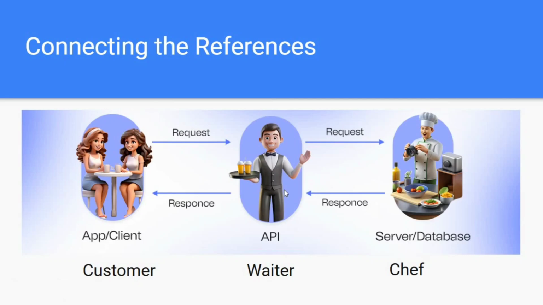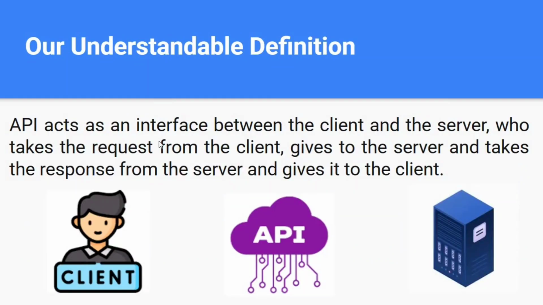So from this example, we can see that an API acts as an interface between the client and the server. It handles the communication by taking the request from the client and forwarding it to the server, and returning the server's response back to the client.